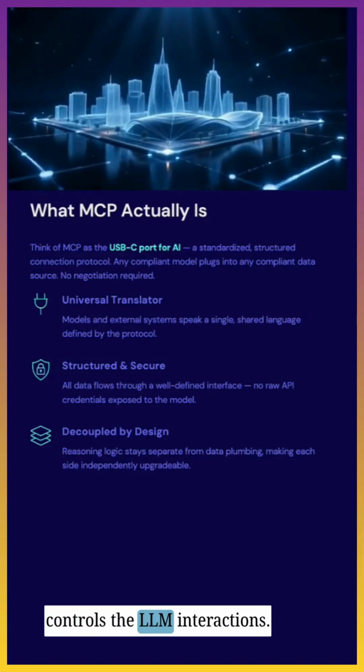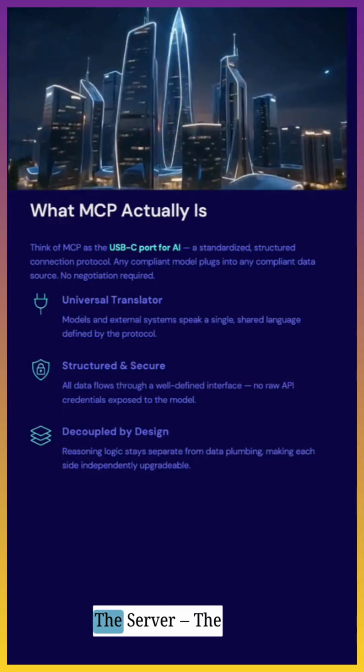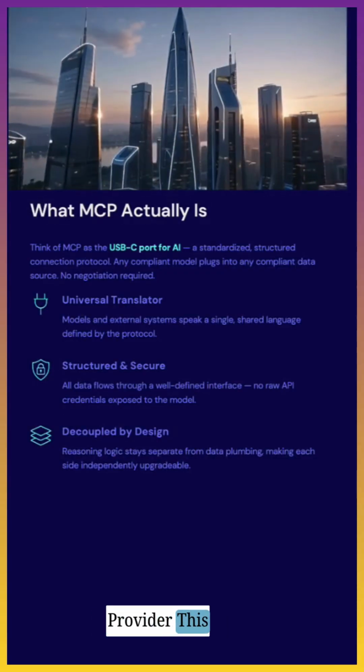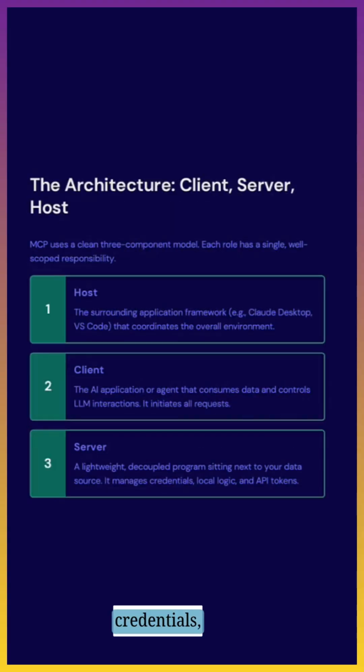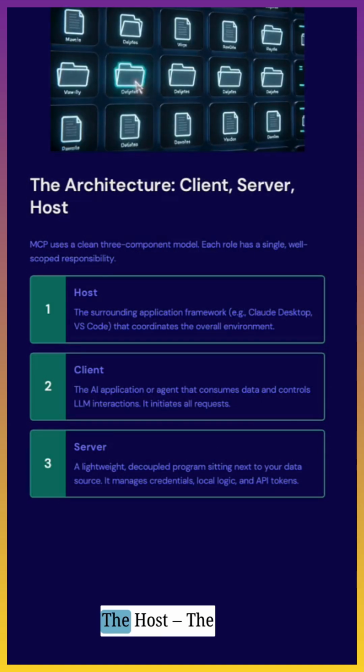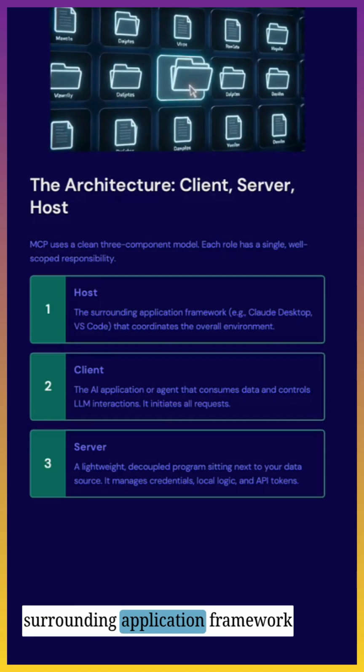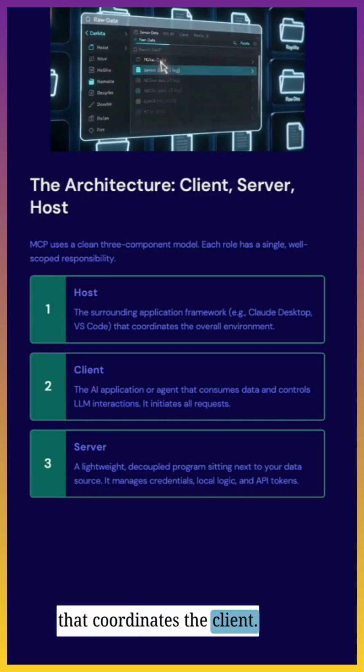It controls the LLM interactions. The server, the provider. This is a lightweight decoupled program sitting directly next to a data source, like a database, file system, or GitHub. It manages the local logic, credentials, and API tokens. The host, the surrounding application framework that coordinates the client.